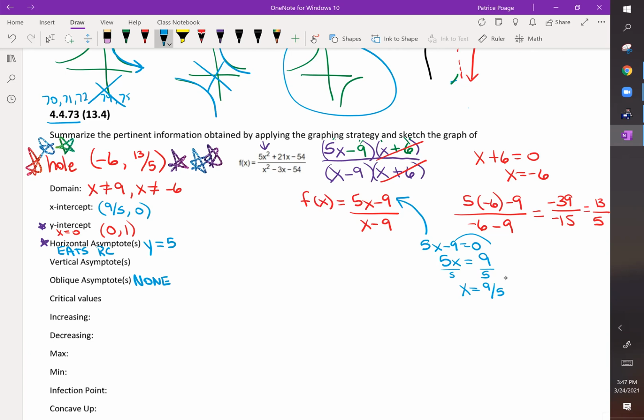Whatever's left in the denominator, that's going to be our vertical asymptote. And we get x equals 9. So all those things we just found are found without doing any calculus. That was all algebra.